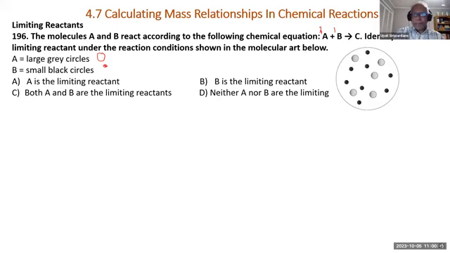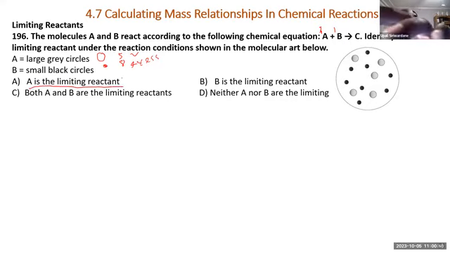Therefore, you have to have an equal number of A's and B's. You count the number of A's, large gray circles. There are 5 of them. Dark circles, there are 8 of them. This is 1-to-1. This is in excess. Therefore, the limiting reagent is A in this diagram.